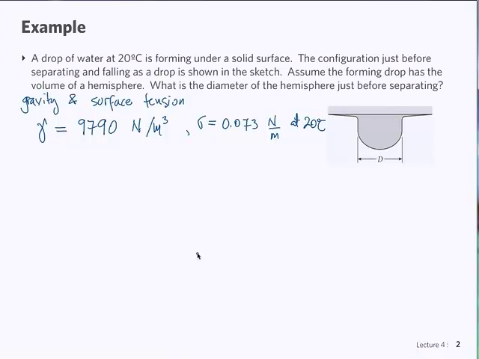What do we need to do next? Any suggestions? Yes? Excellent. Free body diagram. What forces do we have? Surface tension is going to be radially outward along the surface from the sides, horizontally.